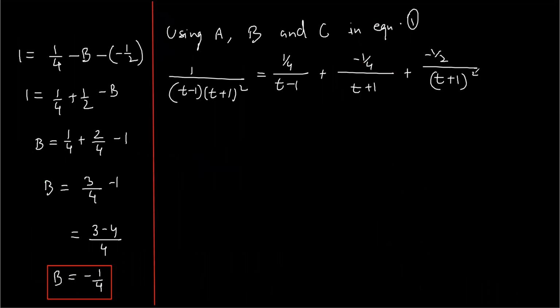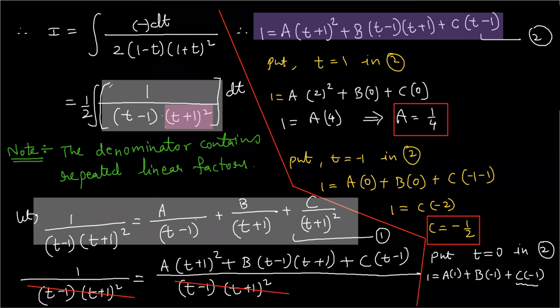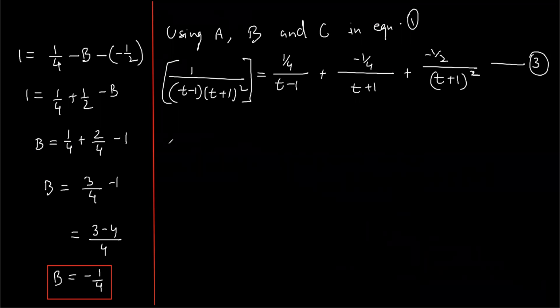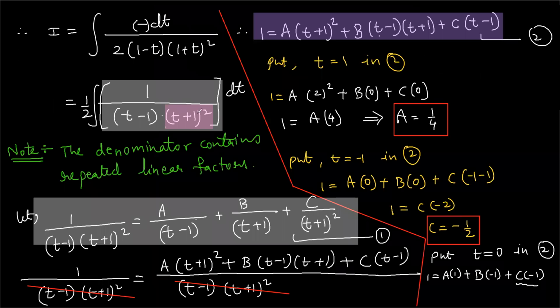So I have already got the values of A, B and C. This is equation number 3. Now it was this that we wanted to integrate. You can check. The integration was 1 by 2 and integration of this, which I have written using all this. So I write therefore I equals 1 upon 2, which was outside, and then you have integration of this. What is that equal to?